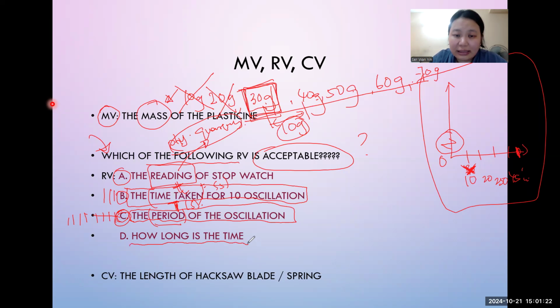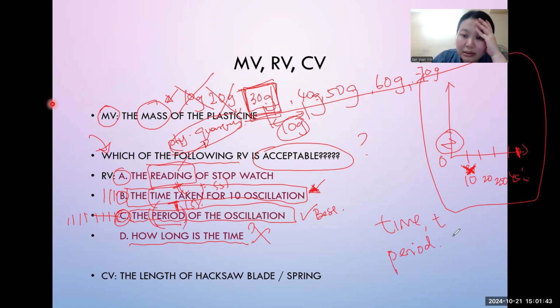How long is the time is a question mark. Please do not use a question. Yeah, B is acceptable. But C is the best, right? You just write period. So time is small t. Period means time for one oscillation, capital T, okay?